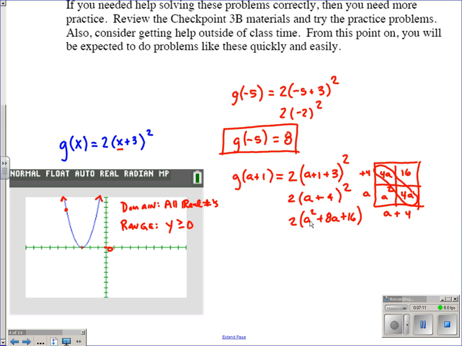So 2 times a squared is 2a squared. 2 times 8a is 16a. And 2 times 16 will give us plus 32. So that is our output when a plus 1 is our input.